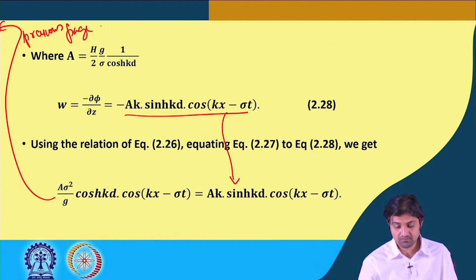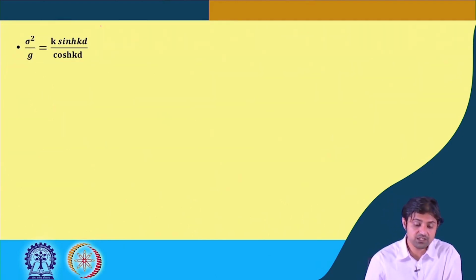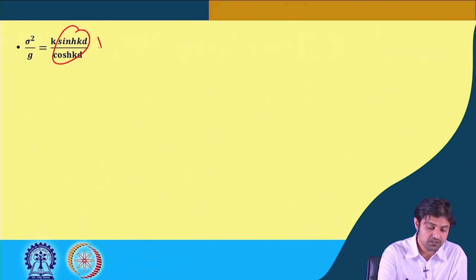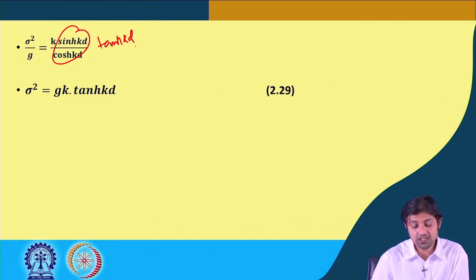On cancelling the common terms, we get σ²/g equal to k sinh kd divided by cosh kd, and this is nothing but tanh kd. So, σ² can be written as g k tanh kd.